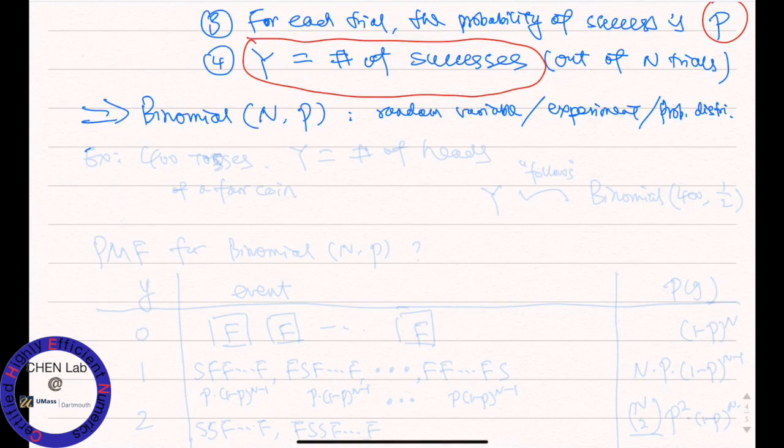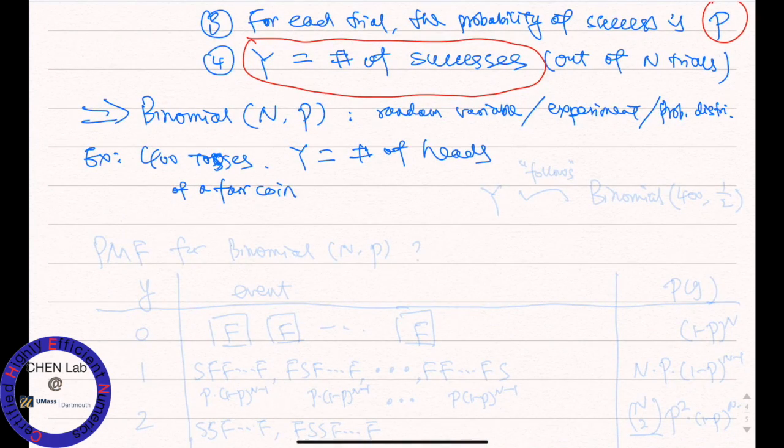The example is again the same old example. You have 400 tosses, and the y is defined to be the number of heads. You call head a success. The number of successes is the number of heads. And you don't have to call head success, you can call tail success. Again, it's just relative, depending on what you care for in that context. So 400 tosses of a fair coin.